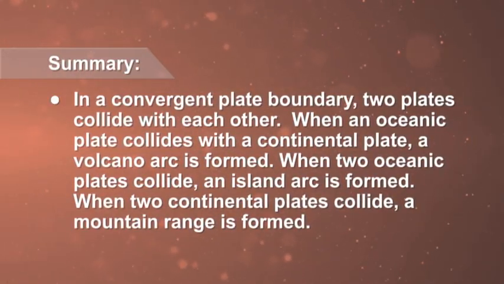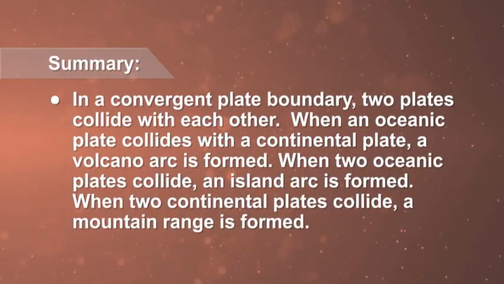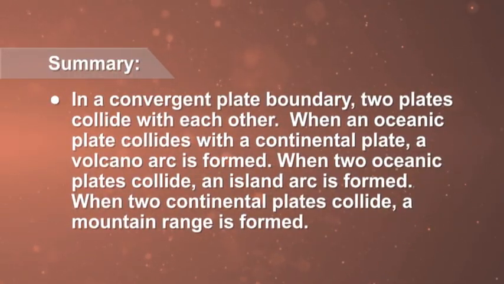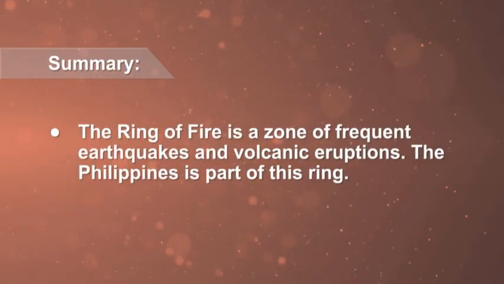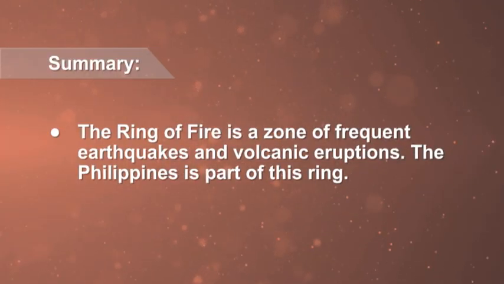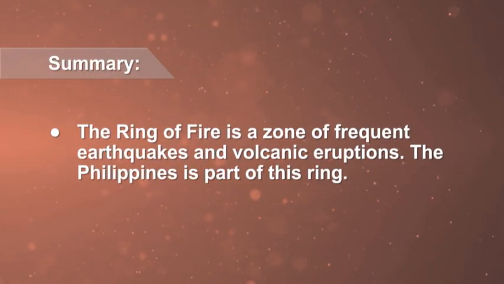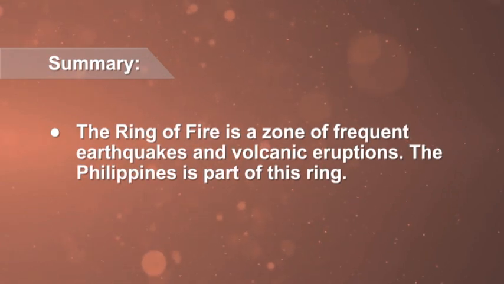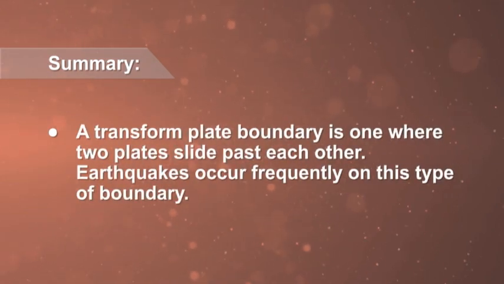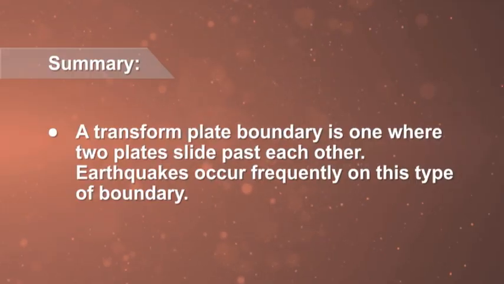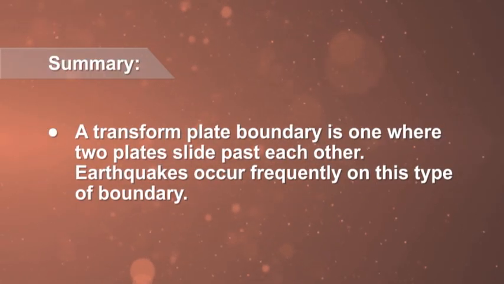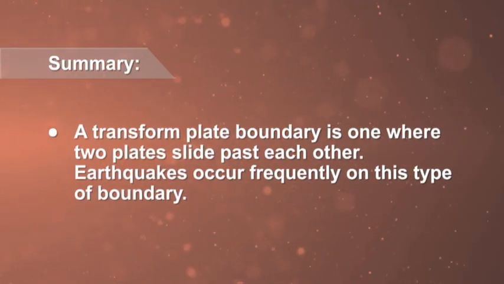When 2 continental plates collide, a mountain range is formed. The Ring of Fire is a zone of frequent earthquakes and volcanic eruptions. The Philippines is part of this ring. A transform plate boundary is one where 2 plates slide past each other. Earthquakes occur frequently on this type of boundary.